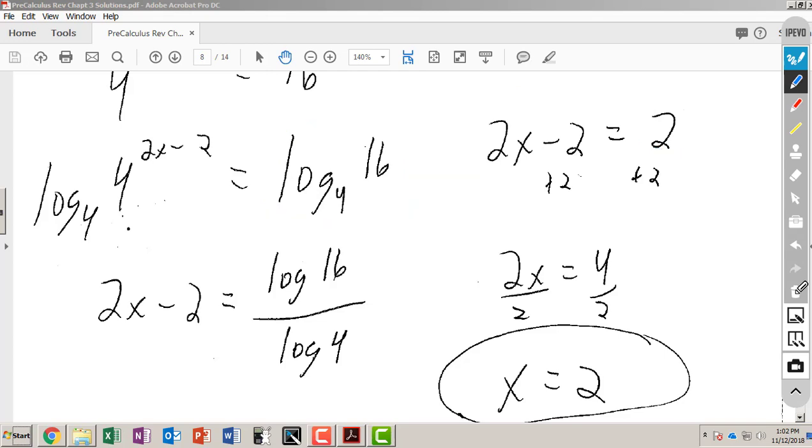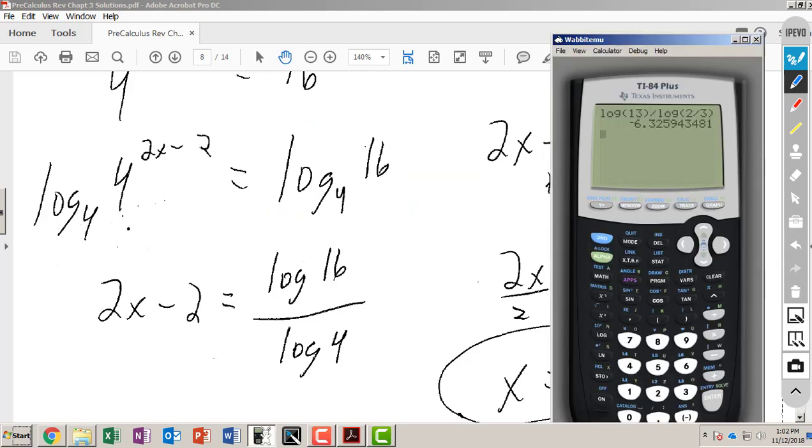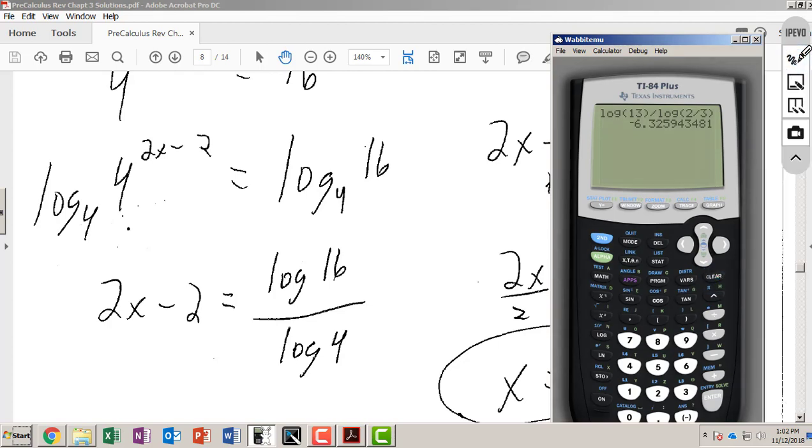If you need to, you can put that in your calculator using your change of base formula. You can type in log 16 divided by log 4, and that answer is 2.